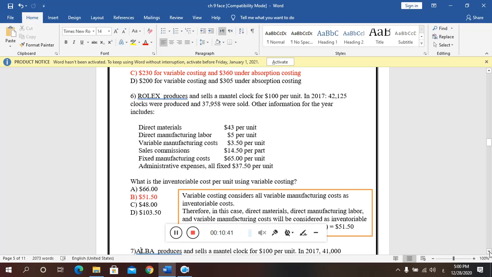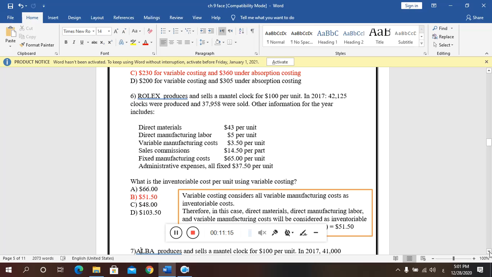Other information for the year includes direct material $43 per unit, direct manufacturing labor $5 per unit, variable manufacturing cost $3.5 per unit, sales commission $14.5 per unit, fixed manufacturing cost $65 per unit, and fixed administrative expenses $37.5 per unit. What is the inventoriable cost per unit using variable costing?